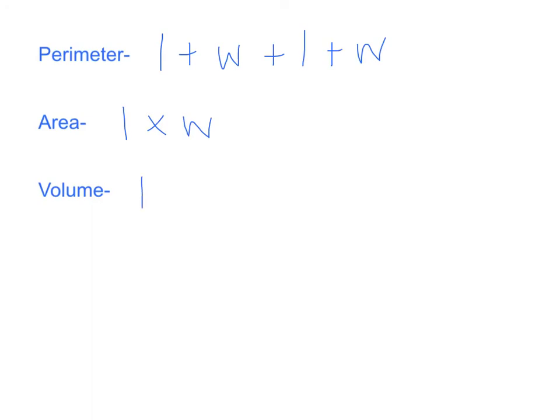And with volume, you're multiplying length times width times height. Or as you see in some of our problems, the base area, which we already know, was length times width times that third component, which would be height. Okay, take these down and move on to the next activity once you're done.